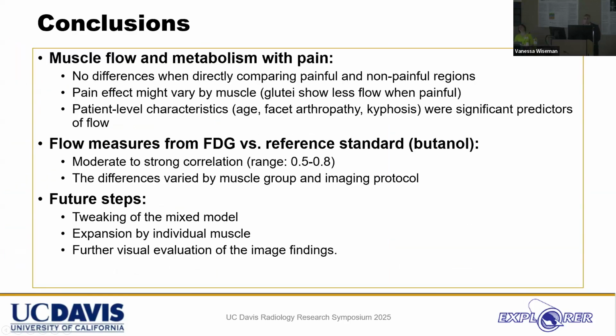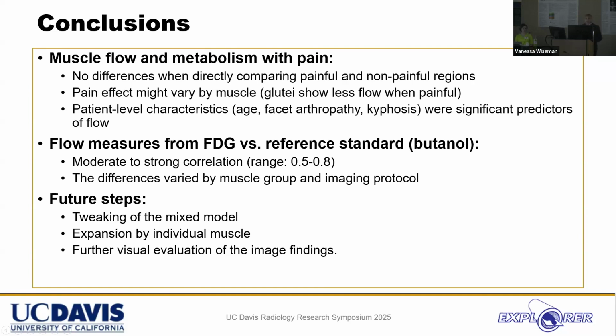So in conclusion, though we were able to measure blood flow and metabolism within multiple muscles, we did not find any significant difference when directly comparing patient-reported painful and non-painful regions. However, we found that pain might be modulating flow in some regions, such as the gluteus here.